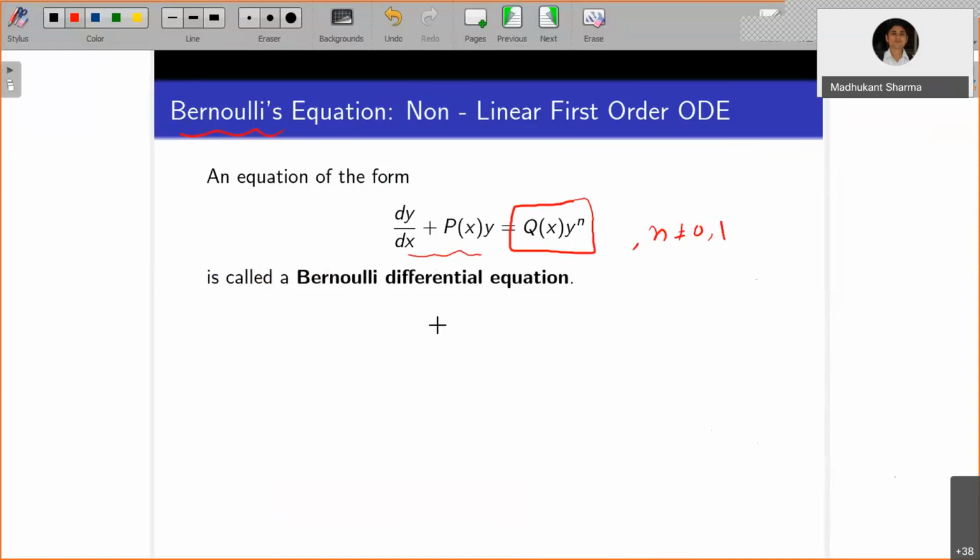We are going to talk about the Bernoulli equation whenever n is non-zero and not equal to 1. Now you just multiply both sides by y to the power minus n: y to the power minus n dy by dx plus p of x times y to the power 1 minus n is equal to q of x.